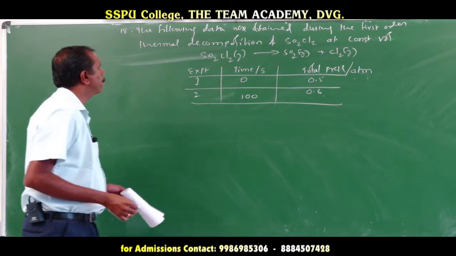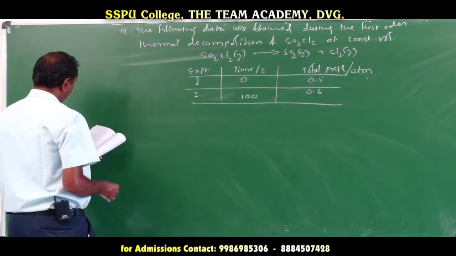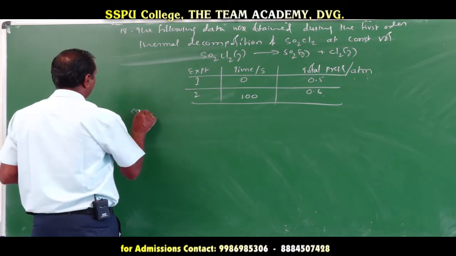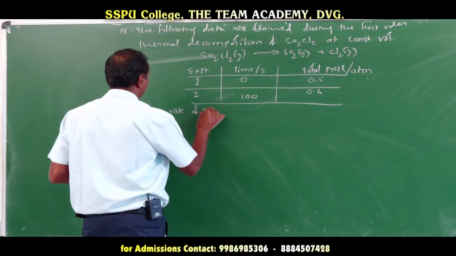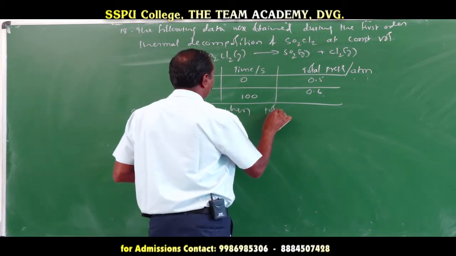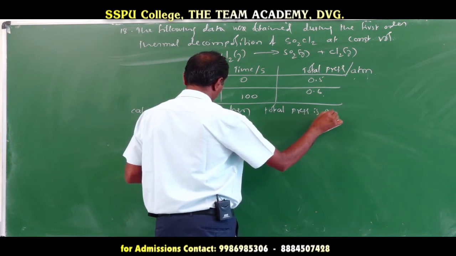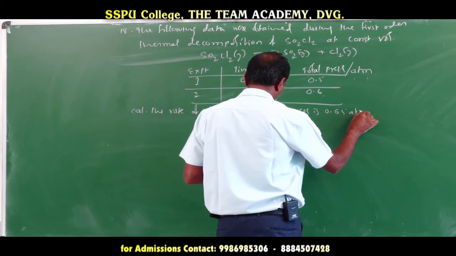Okay. So, calculate the rate of reaction when total pressure is 0.65 atmospheres.